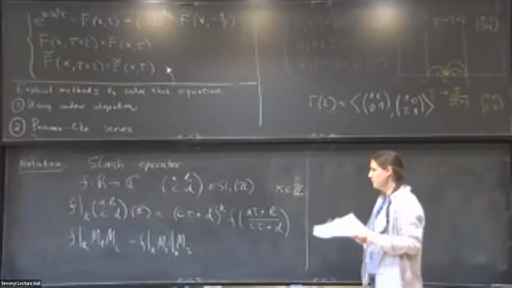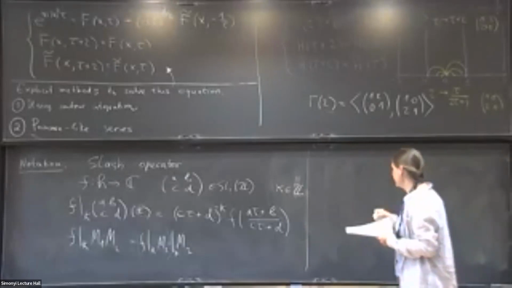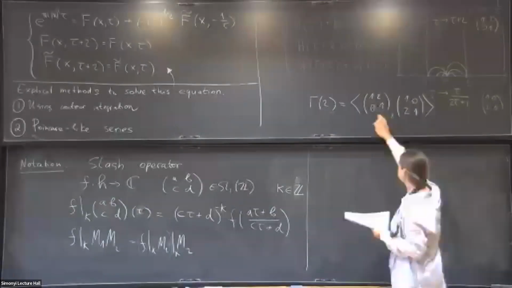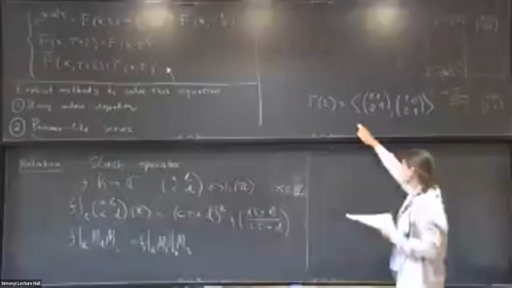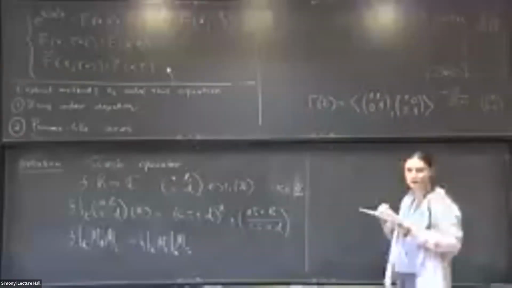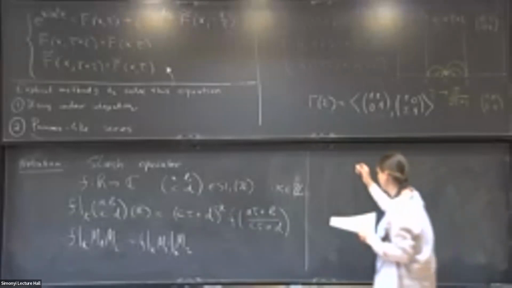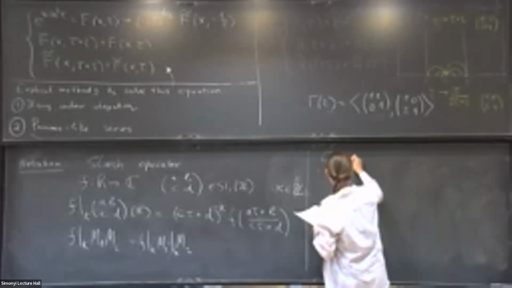One method which proved to work: we know that the shift by 2 belongs to our group gamma 2, so our modular form will be a 2-periodic function. So let's take a function which is already 2-periodic. Then the classical Poincaré series are defined in the following way.